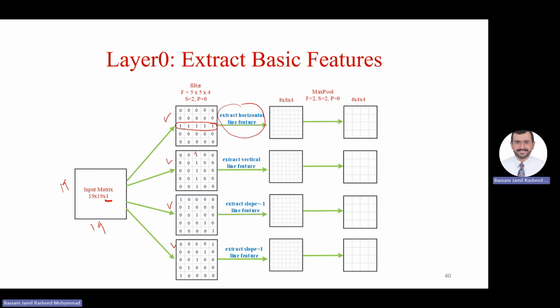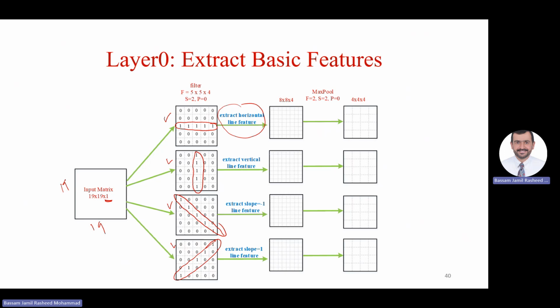How about this kernel here? It will detect if I have a vertical line. How about this kernel here? It will detect if I have a line with a negative slope. How about this kernel here? It will detect if I have a line with a positive slope.